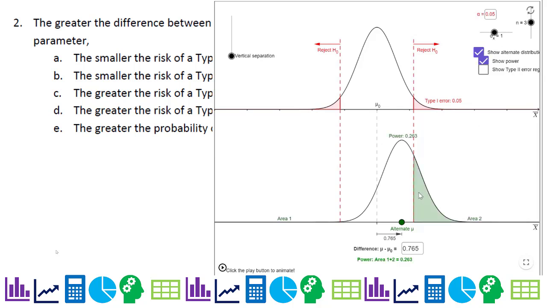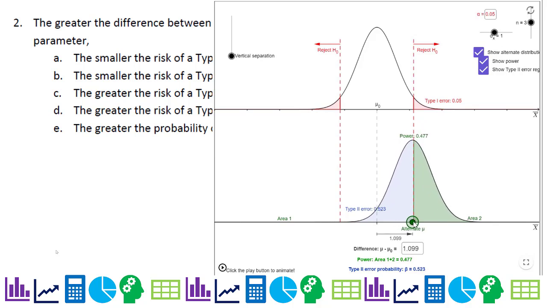And in this case, you can see this is the power. The probability of type 2 error is 1 minus the power. So here you see type 2 error is 0.737, and the power is 0.263. If you add these two up, they should always add up to 1. So as I slide this over, more of my sampling distribution moves into the power section, and less is in the type 2 error.